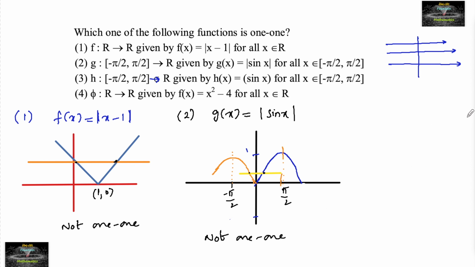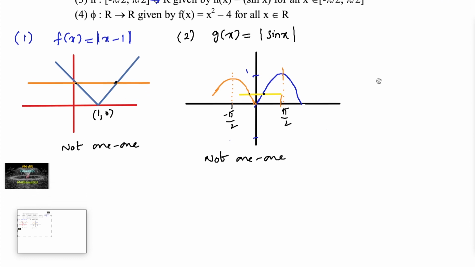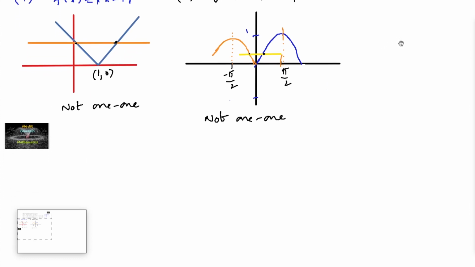Okay. And if I look at the third function, h of x is equal to sin x, same from minus pi by 2 to plus pi by 2.